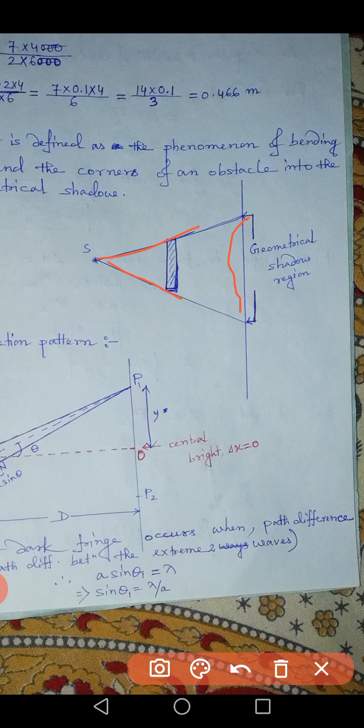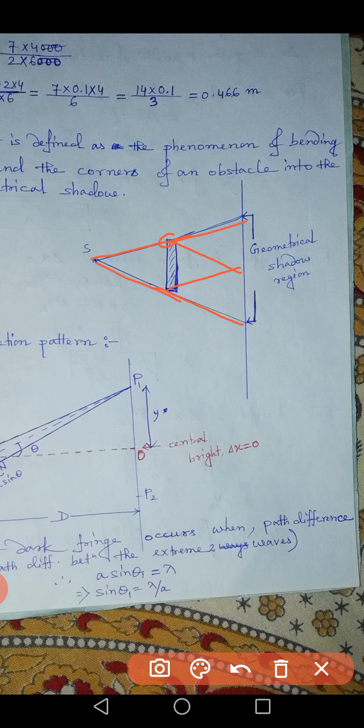Now why does it happen? This light wave, when it passes through this sharp obstacle, suppose this is a sharp edge, there will be bending of light. That means light is supposed to strike here, but instead it may bend like this. Similarly, instead of striking here it may bend like this.